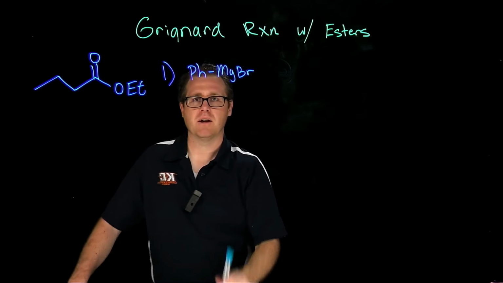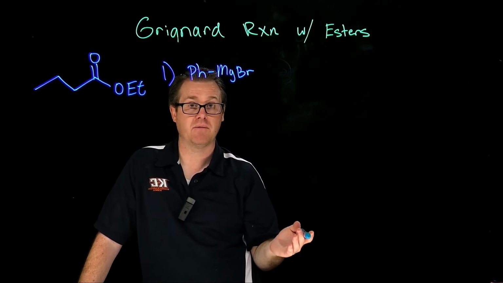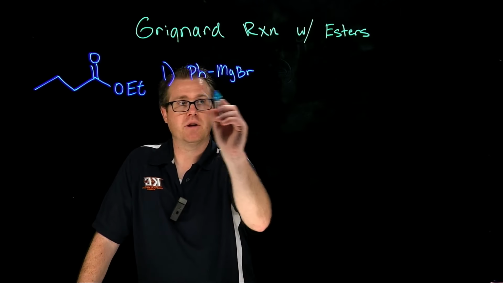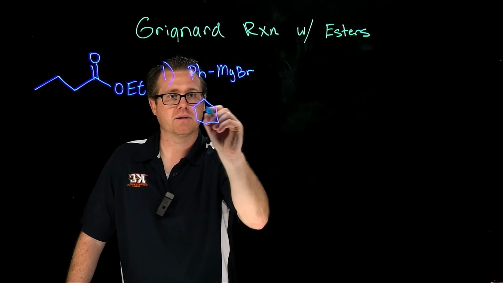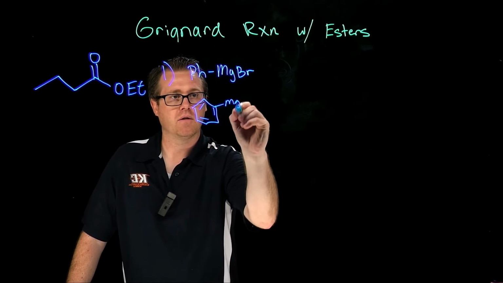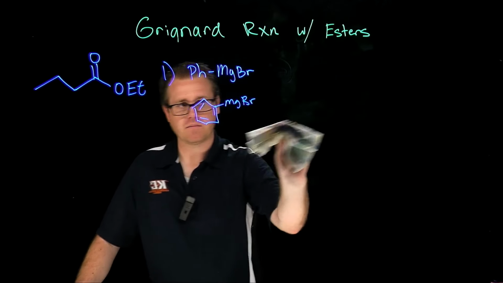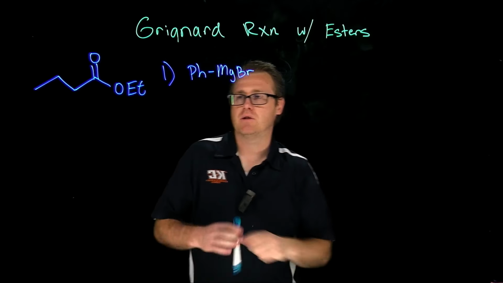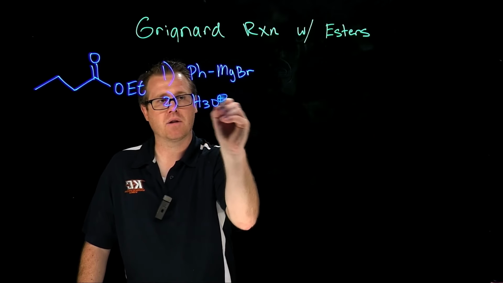Now remember, Ph stands for phenyl, which just means that it's a benzene ring. So that reagent would look like this. All right, that's what we're drawing there. And so we'll do a Grignard, and then step 2, we would have our acidic workup.